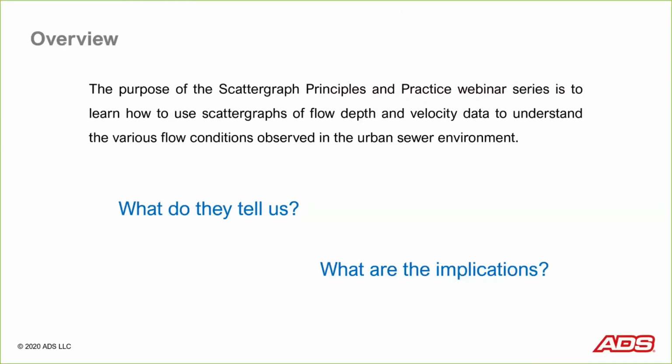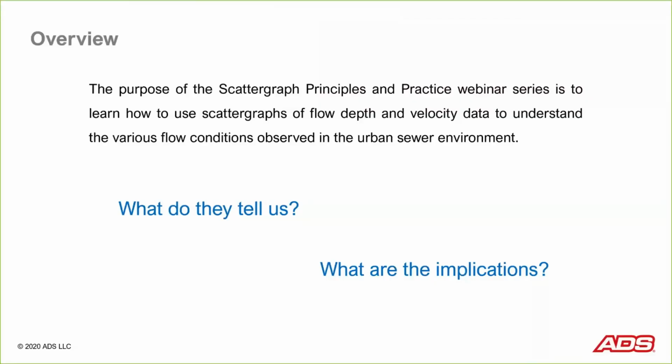During that webinar, we introduced the concept of an operating capacity. Then in the Part 3 webinar, we talked about sanitary sewer overflows, or SSOs, and combined sewer overflows, or CSOs. And for both Part 2 and 3, we introduced a feature of a scattergraph called an ISO-Q line, or an iso-quantity line, that helped us interpret that information.